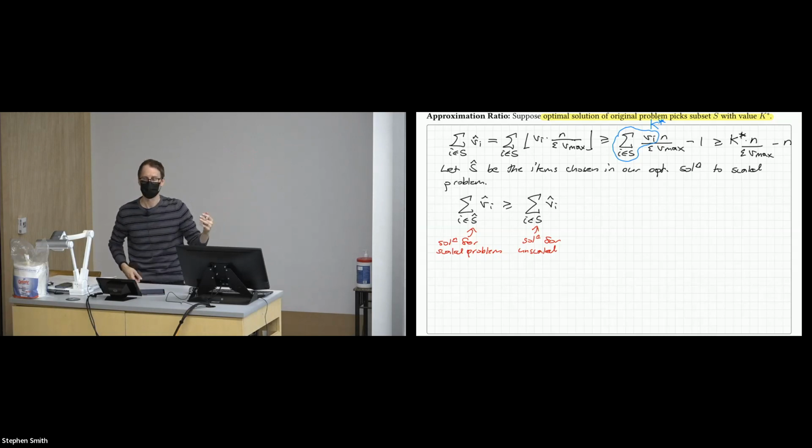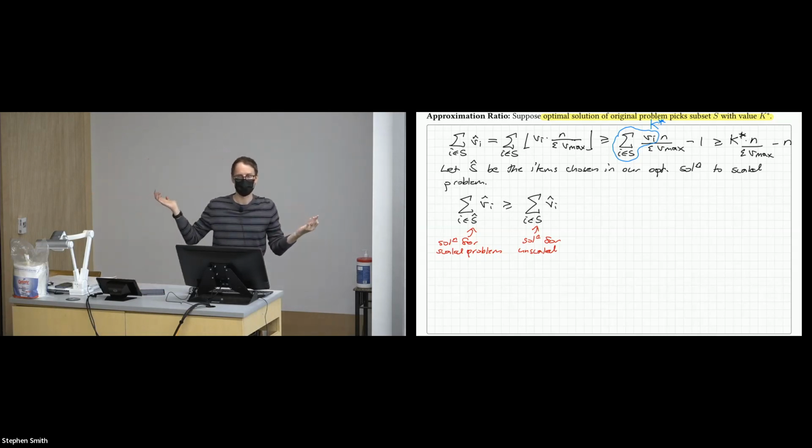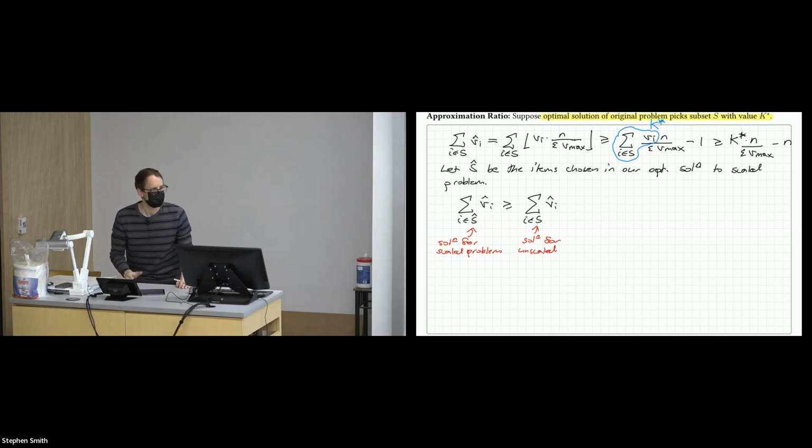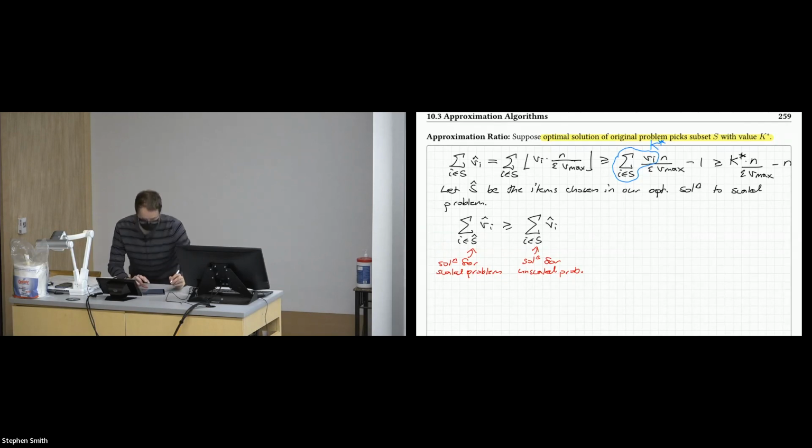The S, we don't know if it's optimal for the scaled problem, so it can't do any better. And then I plug in what I have above, right? This second term is now exactly what I wrote over there.